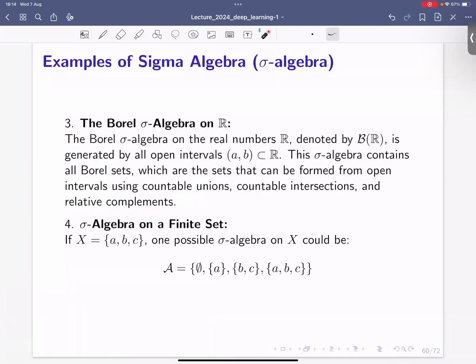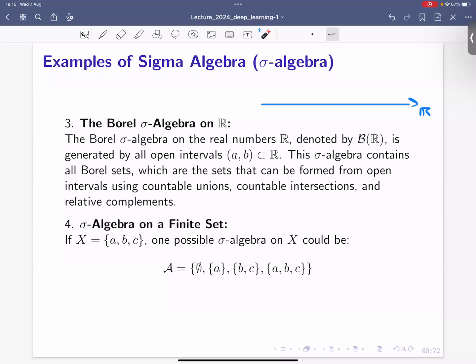Another one is the so-called Borel sigma algebra on the real line. So let me draw a simple example here. If you take your real line, the one-dimensional real line R, and then you look at the so-called Borel sigma algebra on this real line, this is what we denote B(R). What is this?